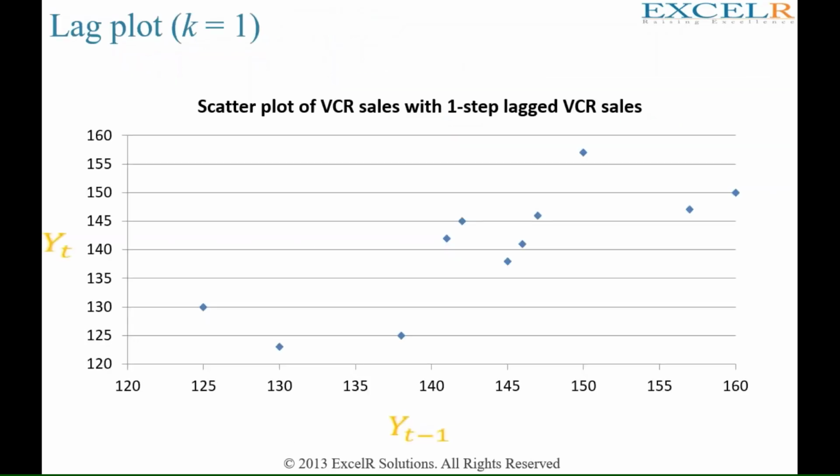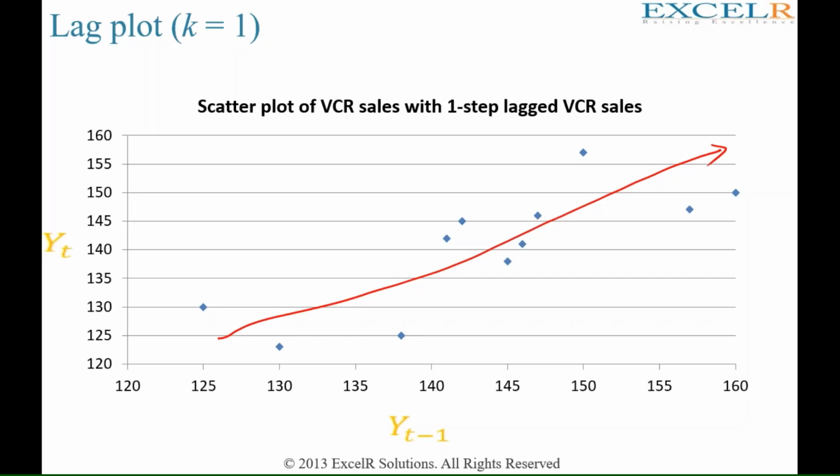And say I'm plotting it for YT and YT minus 1, the current time period and the previous time period, or one step lagged. There seems to be a positive correlation. Fine. Given this positive correlation, let me know whether you can use the previous time period sales to forecast the current time period sales.